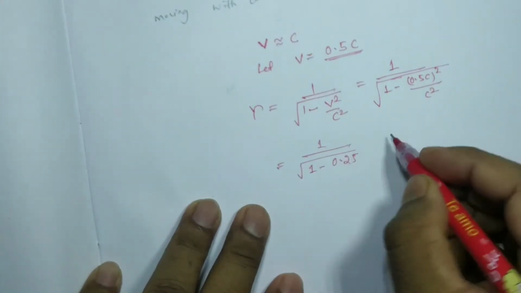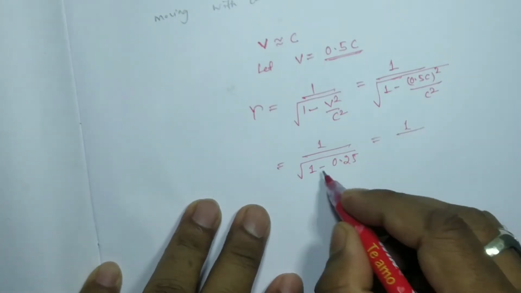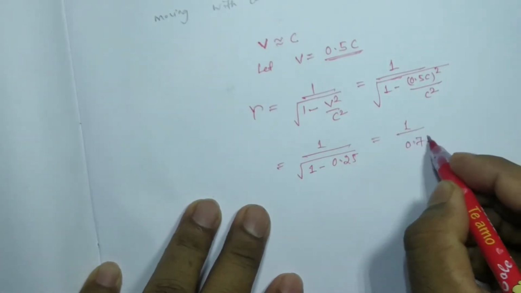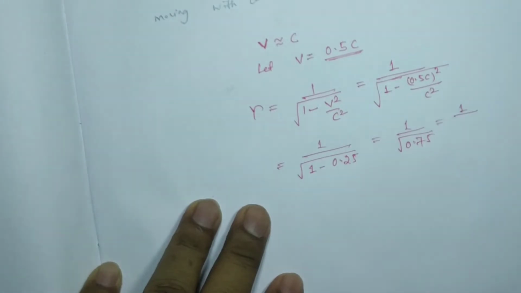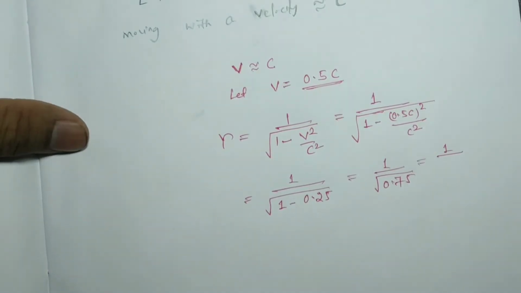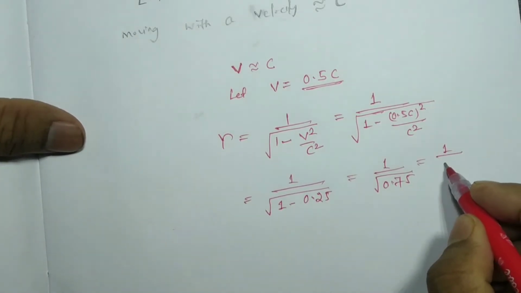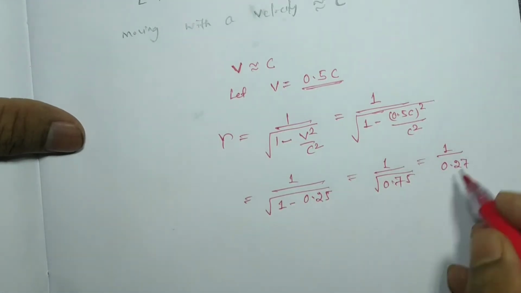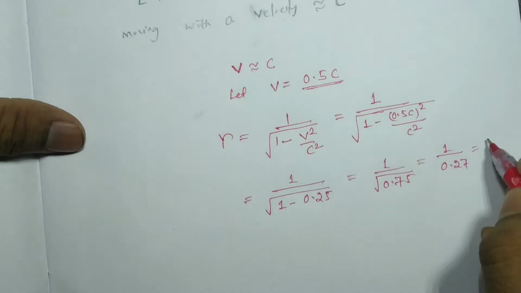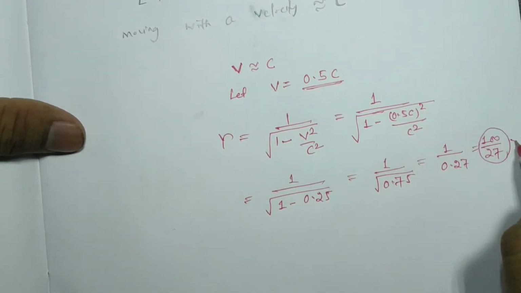So here it will be 1 by the square root of 0.75. The square root of 0.75 is approximately 0.87, so this will be equal to about 1.15, which is greater than 1.